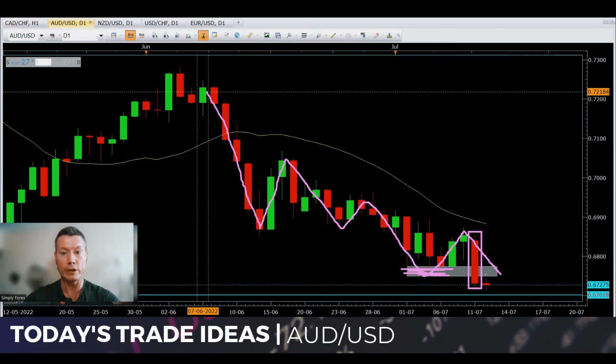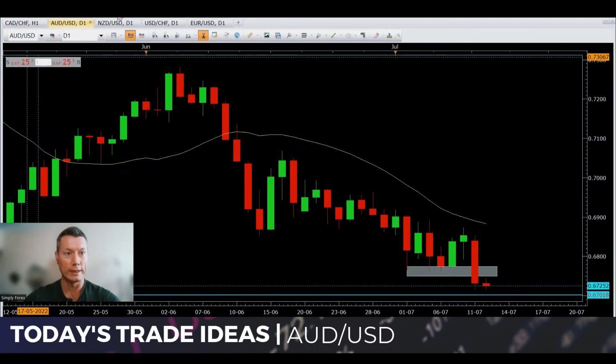And the idea is to get a retrace up into this grey zone and then take it back down to this psychological level of 600-700. And we've got a bit of room to move into. Not much. We do need a retrace, but once we get that, we can take it back down to the blue line. All right, so Aussie dollar, US dollar short.